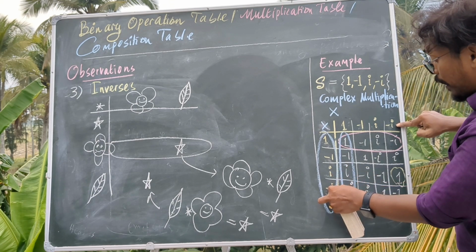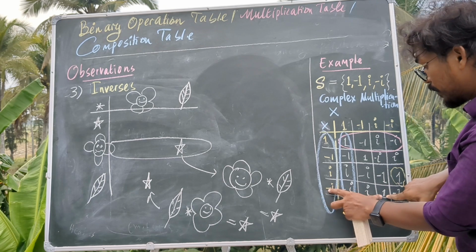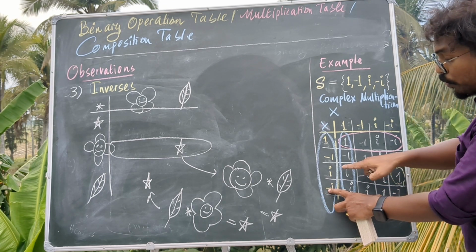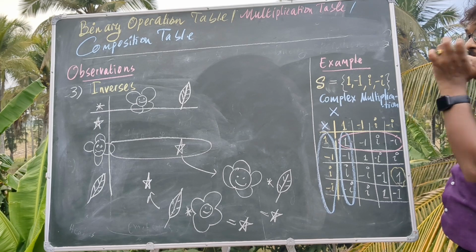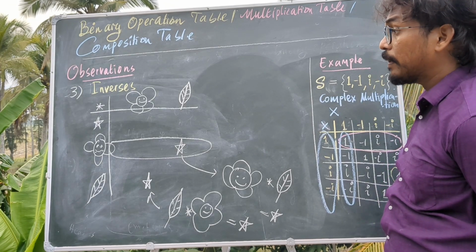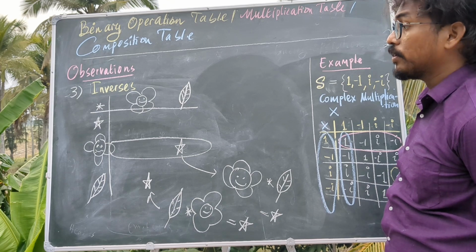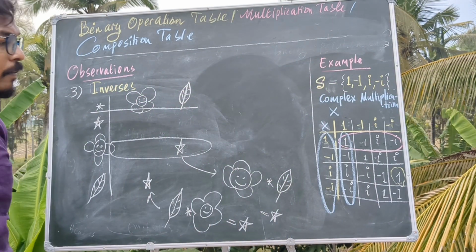And the other way, I'll see minus i and i. This is also 1. So inverse of i is minus i. So this is the way to find inverse of any element from the operation table, provided that we have identity.